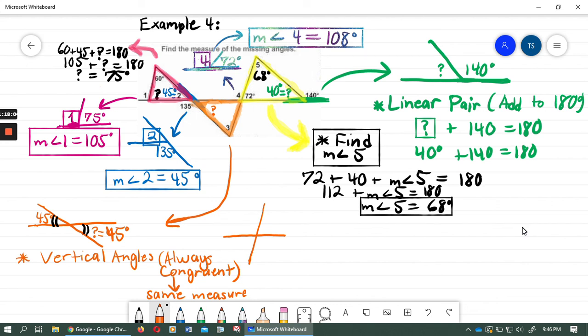We know that in math, these concepts build on each other. So here we got this other set of vertical angles. This one here was 72 degrees. Let's go ahead and do this, so we can look at our last example for this video, and then we're gonna call it quits.